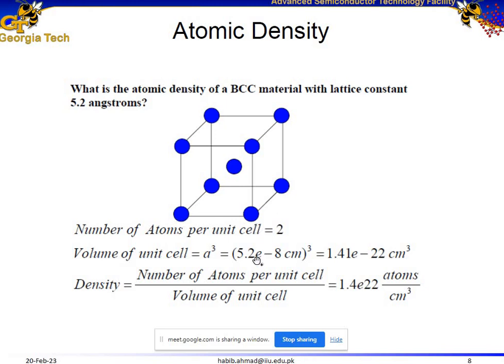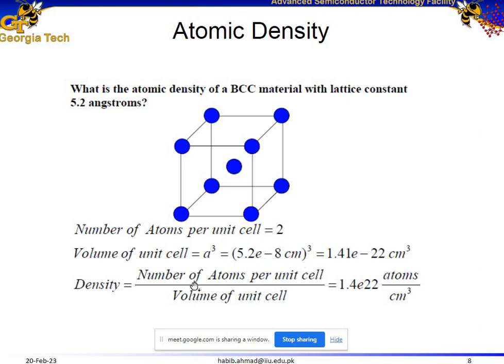As an example, let us consider that the lattice constant of this structure is 5.2 times 10 to the power of minus 8 centimeter. So in this case, since it's a cubic structure and its dimensions are the same, the volume would be the cube of this lattice constant.